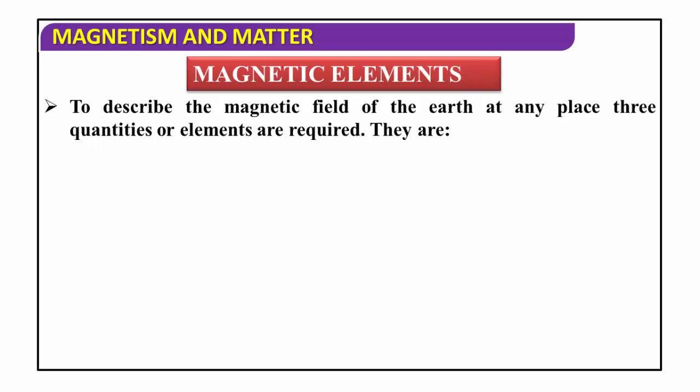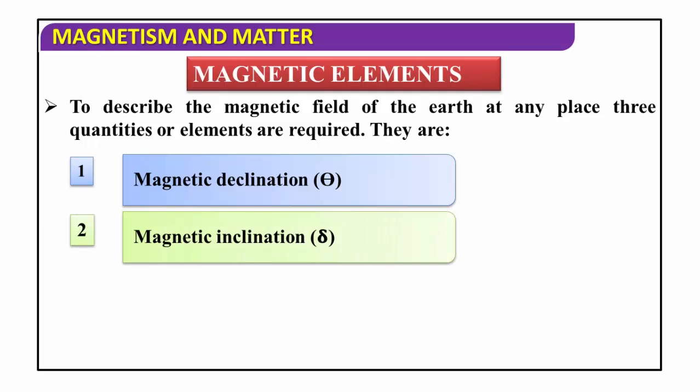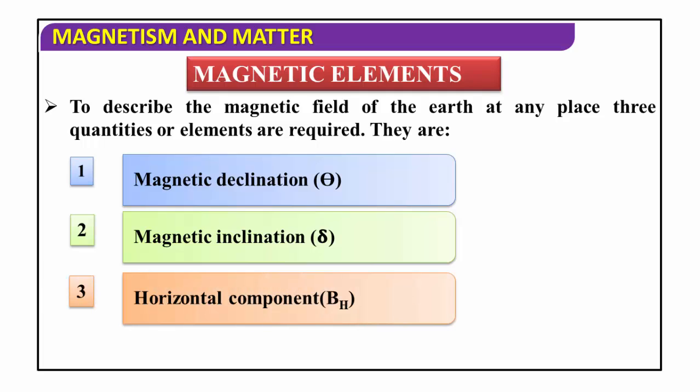The first element is magnetic declination, denoted by the symbol theta, the second element is magnetic inclination, denoted by the symbol delta, and the third element is the horizontal component of the earth's magnetic field. These are the three very important magnetic elements.